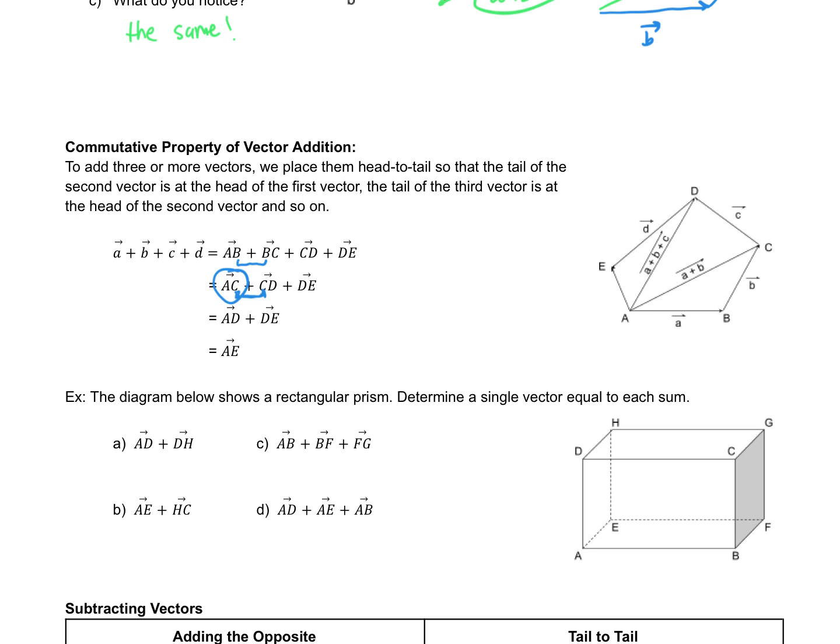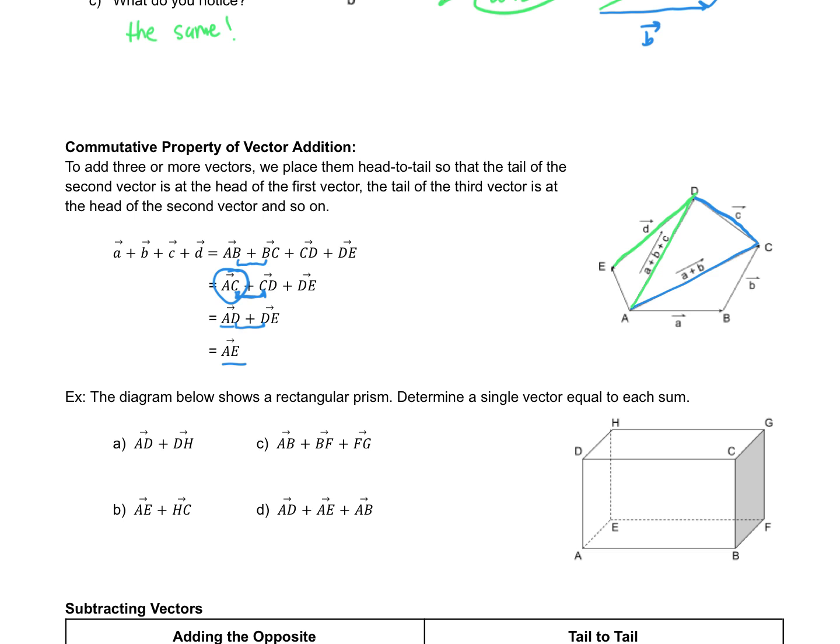So the sum should be AD, which is exactly what we get. AC plus CD is AD. Then again, the D's are nicely lined up, so the sum must be AE. So AD plus DE is in fact AE.